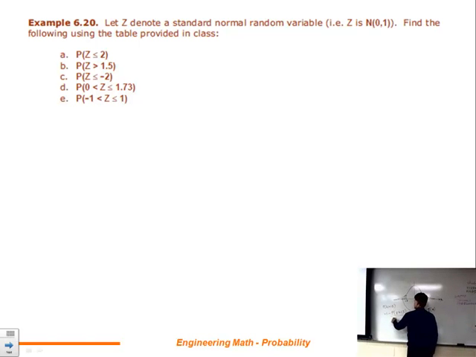What's that at 1.5? 0.9332. Subtract that from 1, and you get something small. You don't have to do it. Does that make sense? So you can use the cumulative function to get other things besides less than or equal.